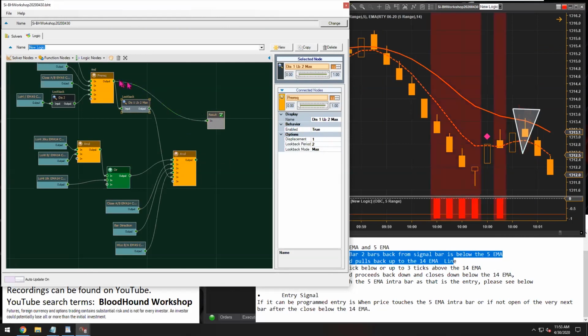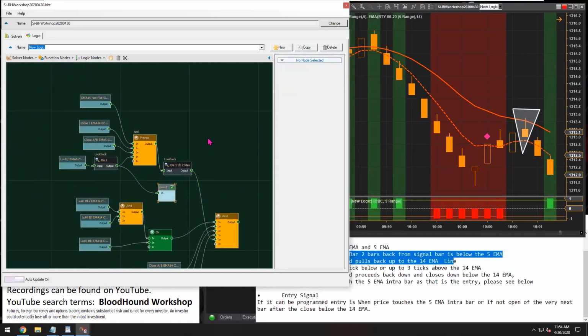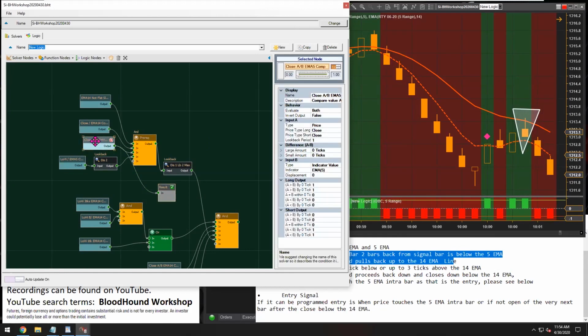Let's take a look at our prerequisites. Oh, interesting. This bar got disqualified, but this bar still qualified. I'm wondering if some of these closing prices need to be adjusted to the higher low of the bar.